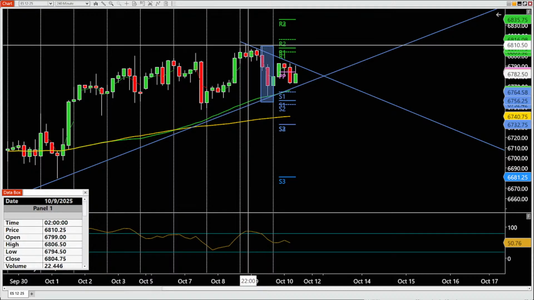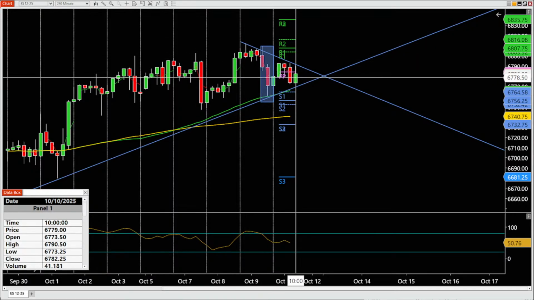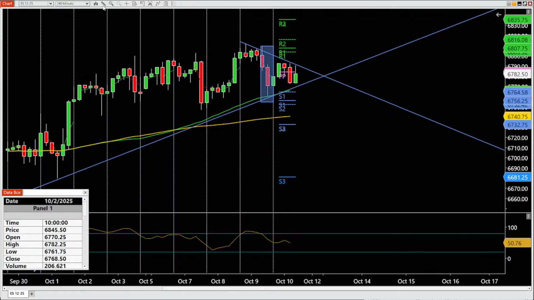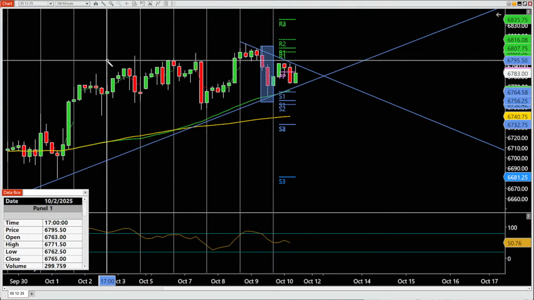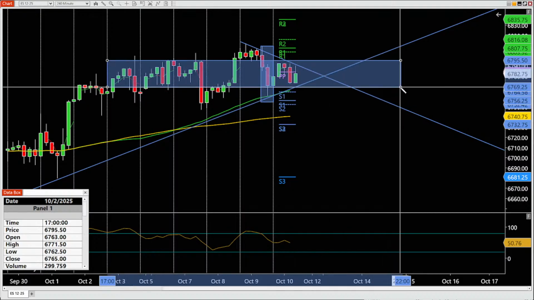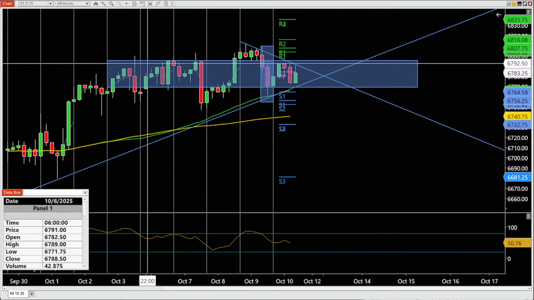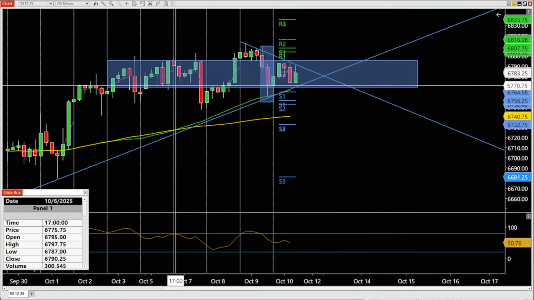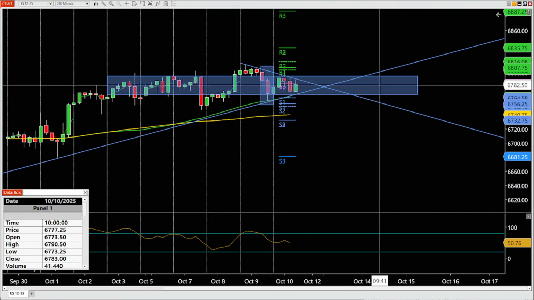Had a little spike, but keep getting rejected up here and coming back down into this range here. So we keep going over and under in this range. So just got to be careful how you trade.